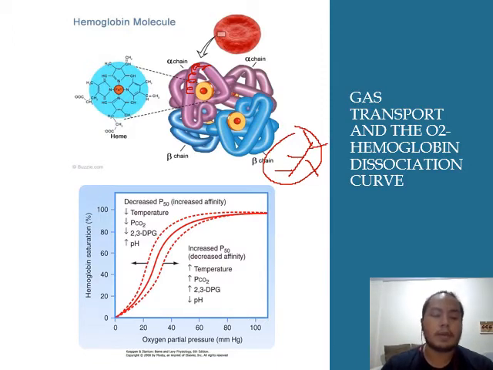Si hemoglobin is unique in such a way that it holds within each unit. So itong purple, isa yan. Itong isang blue, isa yan. And then the other blue, isa yan. And then the other purple, isa yan. So you have 4 units of heme per hemoglobin molecule. Okay.